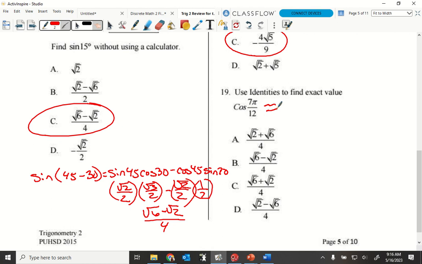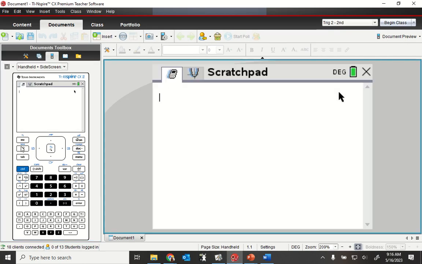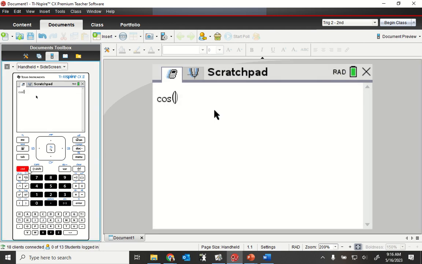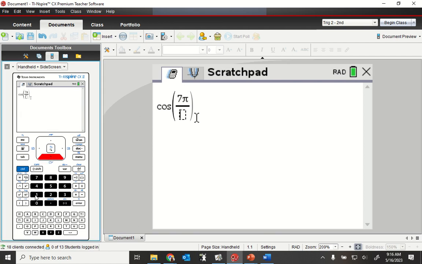Negative 0.25. Yeah. Okay. Negative 0.25.